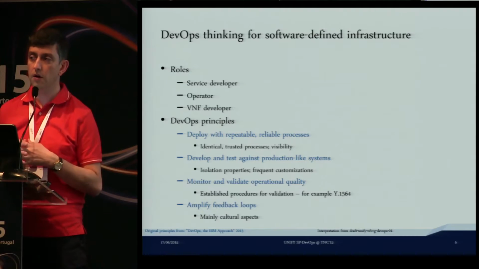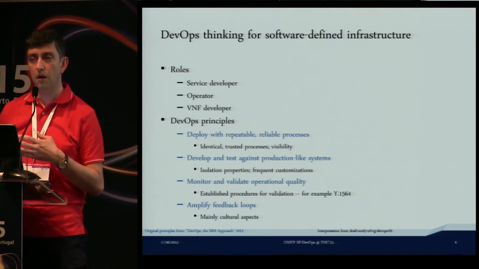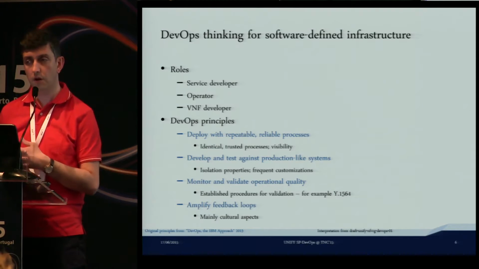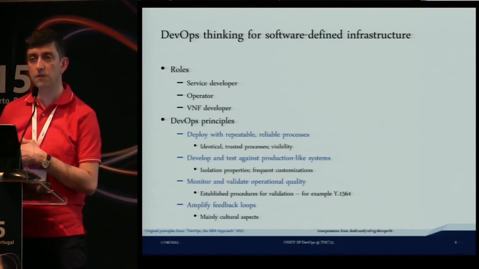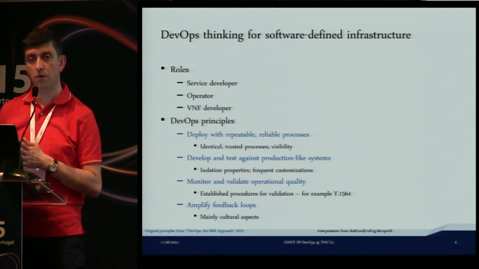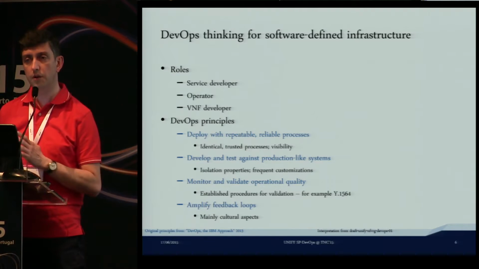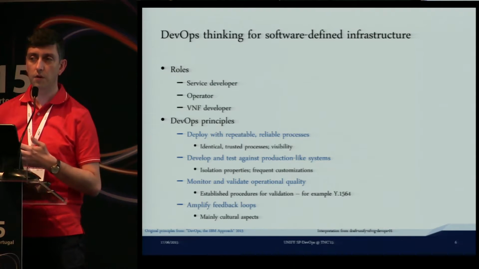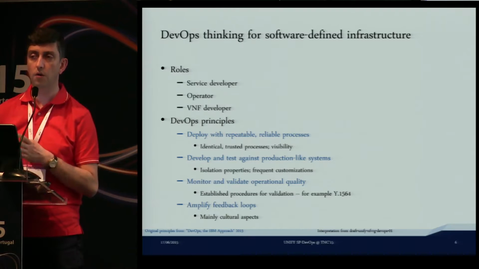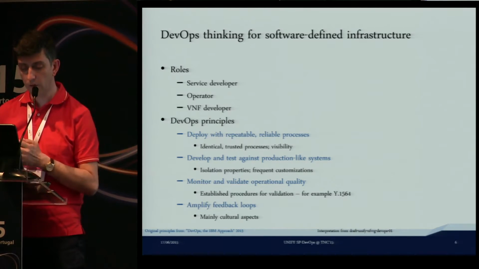The operator is the role that does the daily operation of the network. In the data center, this is very much service reliability engineering. And then we have a very specific role, which we call the virtual network function developer, and these are software developers that develop network functions that are going to be part of the infrastructure and need to be operated with the infrastructure.